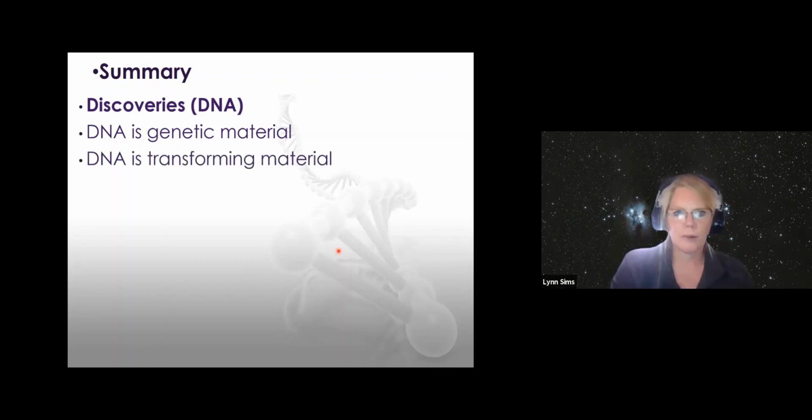DNA is transforming material, so it's able to be transmitted from one cell to the next, and that's where it was seen in the R and S forms. The heat-killed S form's DNA was basically incorporated into the live R form, which is non-pathogenic, transforming it into something that's pathogenic.